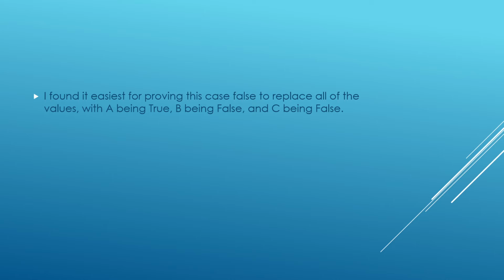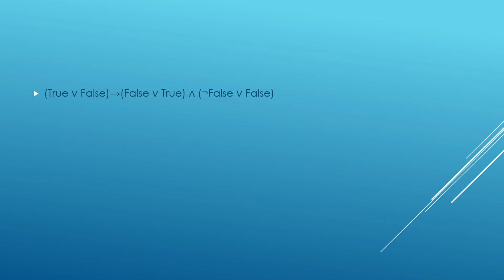So for the proving false portion, it's rather difficult, and this one takes a little bit longer. You can do it with one, I believe, but it is much easier to replace all the values with some sort of truth value. You can do with A being true, B being false, and C being false. So true or false implies false or true, and not false or false.